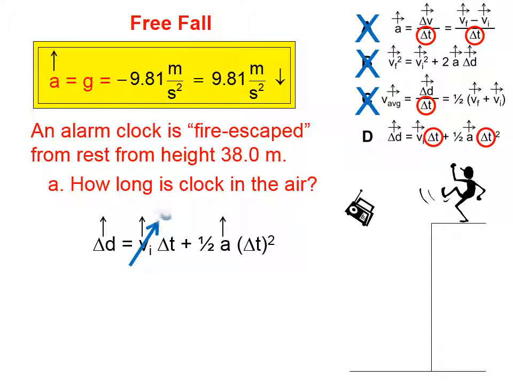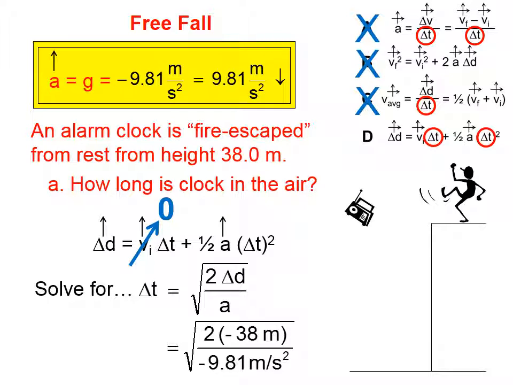Since the clock starts from rest, we can simplify this expression by crossing off the VI delta t term, and we want to solve this for the time. So to do that, we multiply both sides by 2, divide both sides by a, and take the square root of both sides to leave us with this expression.